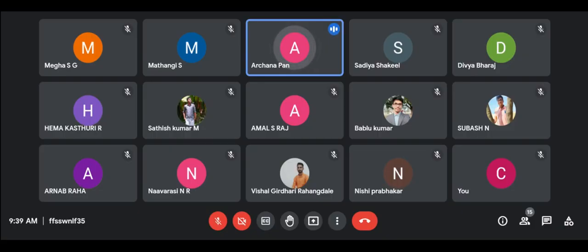So give one example. A very basic example. Say one equation is dy/dx equal to x square minus y square divided by x into y. Shall I write in the chat box? I think we solved this one also.